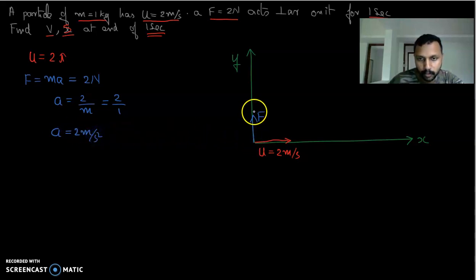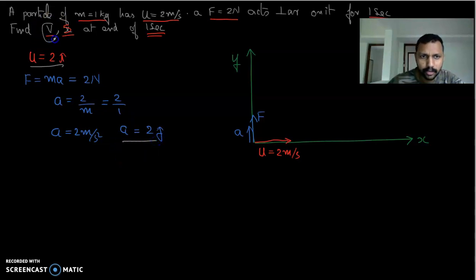And since the force is in y direction, the acceleration will also be in y direction. So I could write acceleration as 2j cap, because it is in y direction. Now we have initial velocity and acceleration in their correct vector forms.